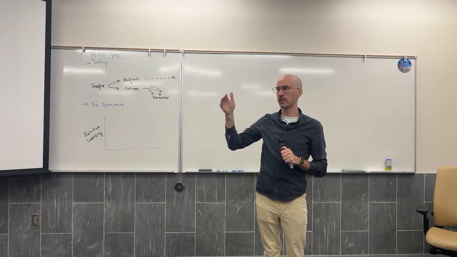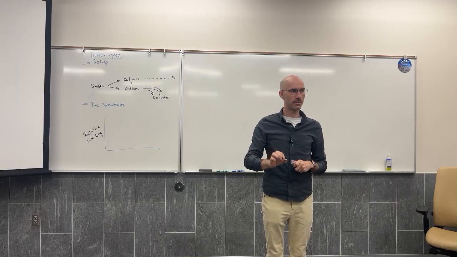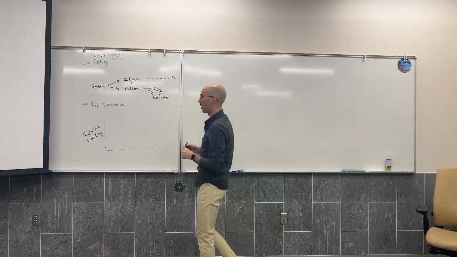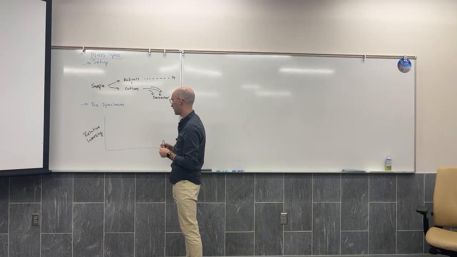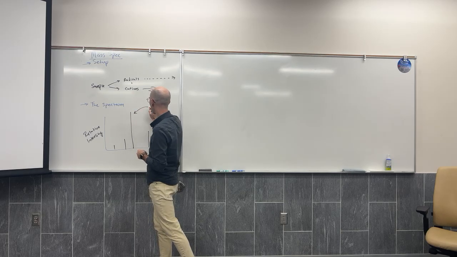We just say, how tall is that peak relative to all of the other peaks? So whatever the tallest peak is normalized to 100% relative intensity. And that tallest peak, wherever it shows up, is referred to as the base peak.